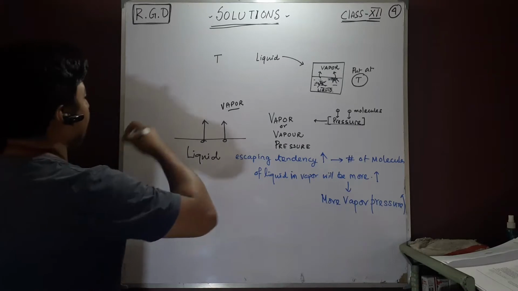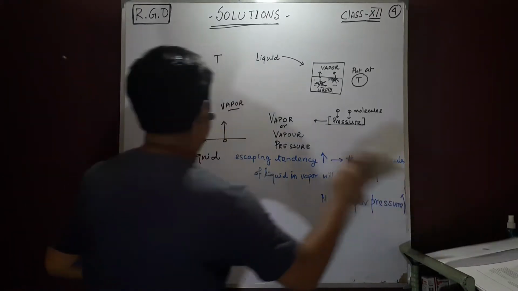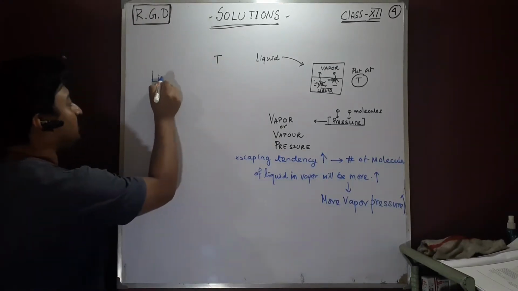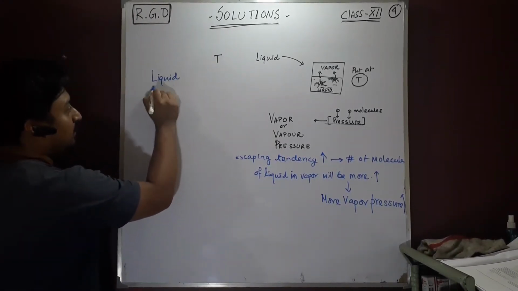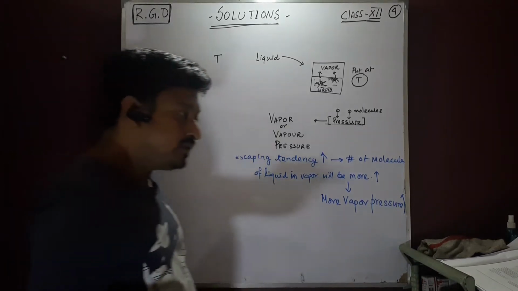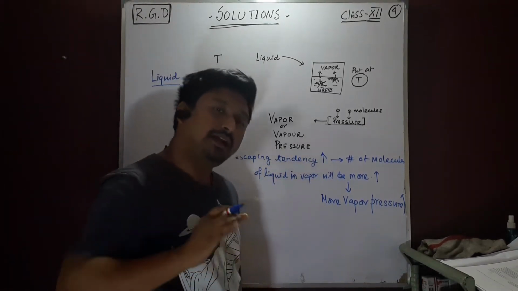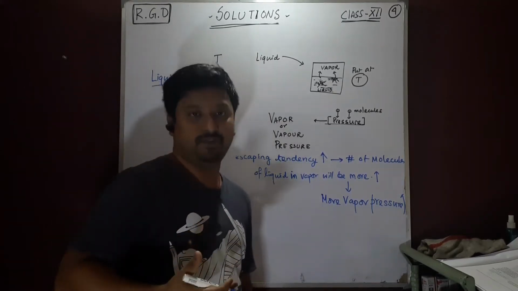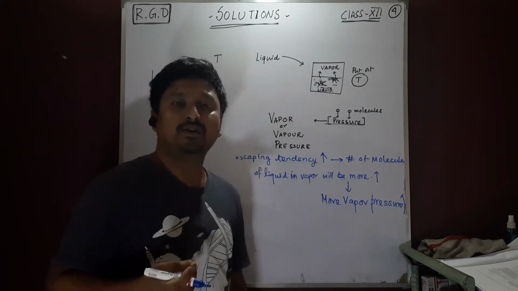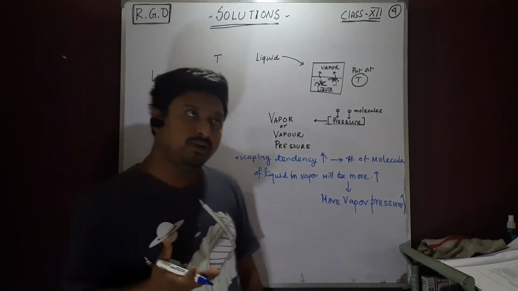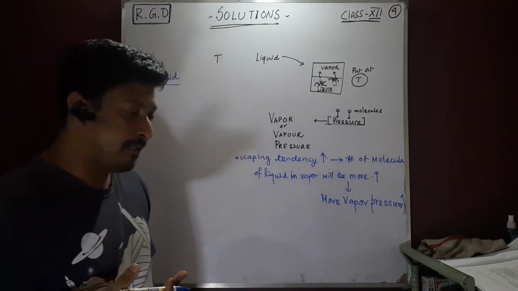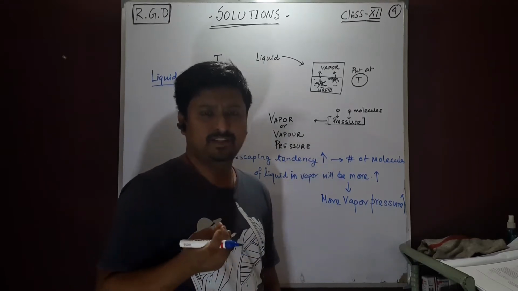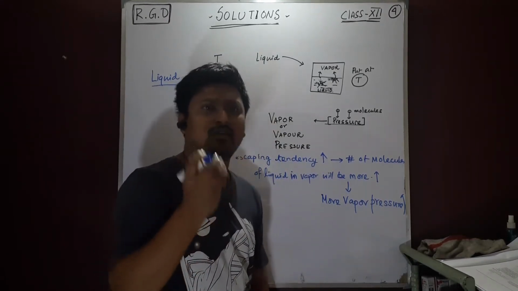Say you have a liquid at room temperature which tends to stay more in the vapor phase than in the liquid phase, like any spirit, rectified spirit or methylated spirit, alcohol.